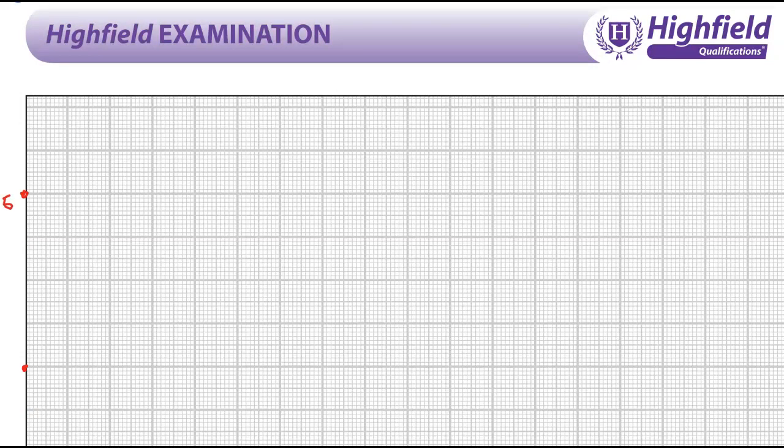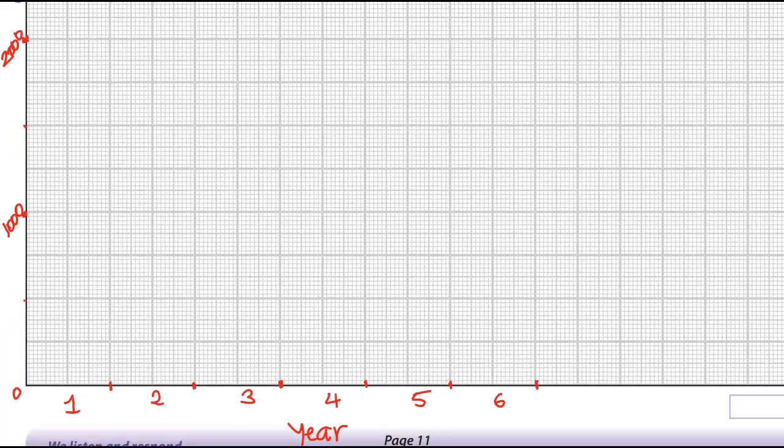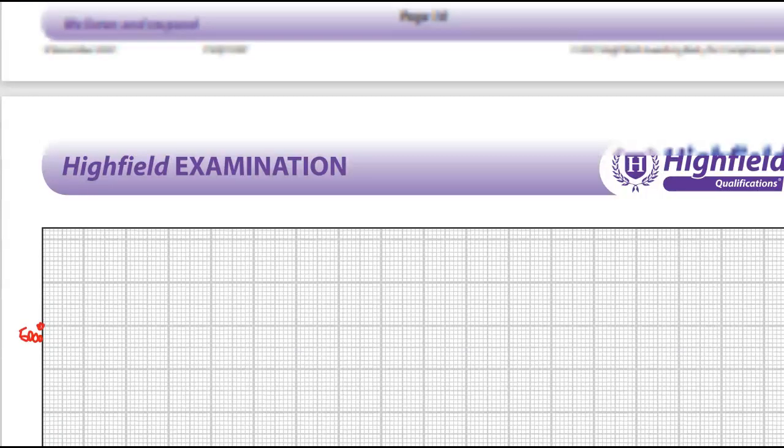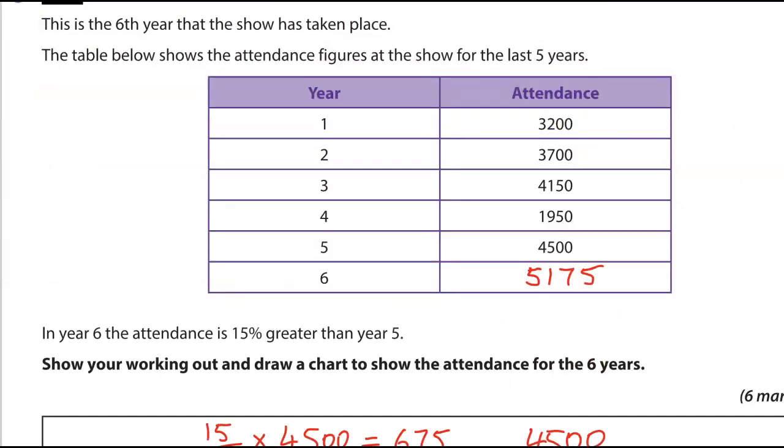So I'm gonna add the numbers. And we're going to have to label this just like in the table. Attendance.